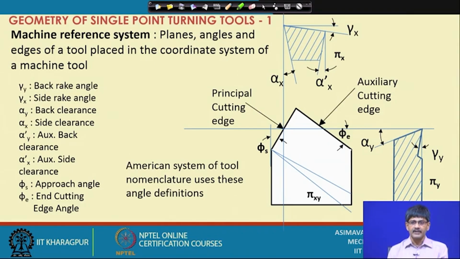Moreover, in the plan view, in this view where we are looking at the tool as seen along the z axis, we have two angles defining the positions of the cutting edges. Phi s is defined as the approach angle and phi e is defined as the end cutting edge angle.